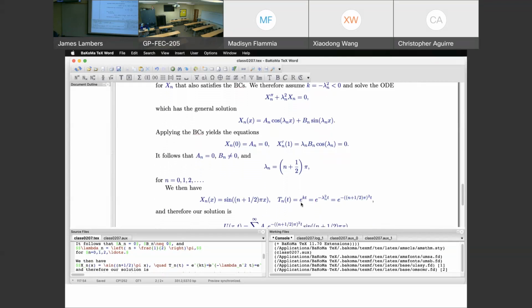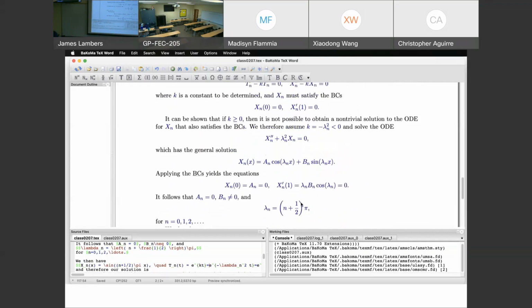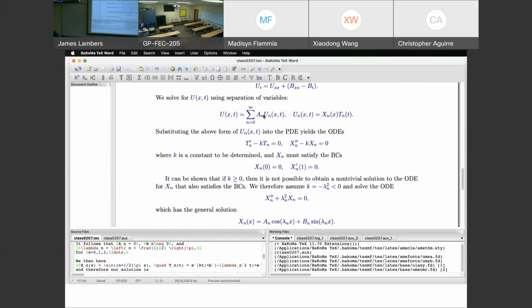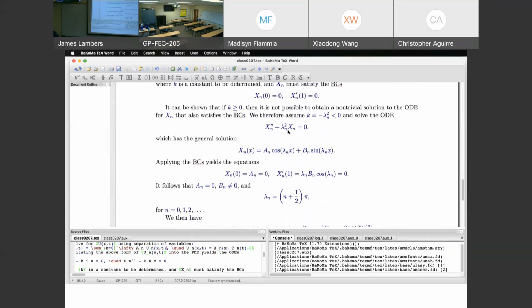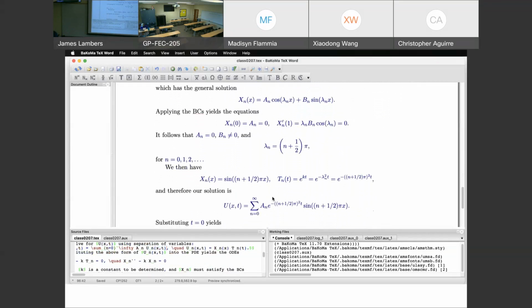So then I put these two together. Remember, my solution formula originally is capital U equal to this kind of sum, where each term is a product of a function of x times a function of t. Now I know what these are, so I can put them in here. And this is what I get.